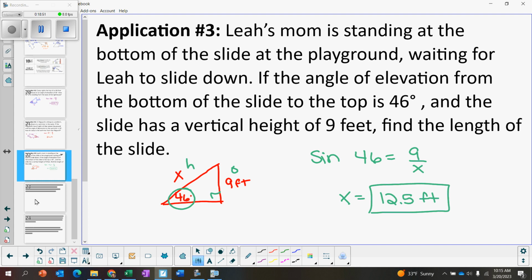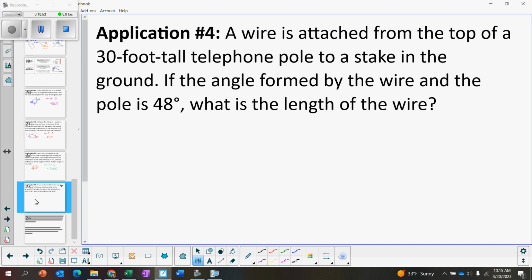This last application is a little different because it's not talking about an angle of elevation or angle of depression. We have a wire attached to the top of a 30-foot pole. With the graph, the angle formed by the wire and the pole. So this is the pole, this is the wire. This is telling us this angle is 38.